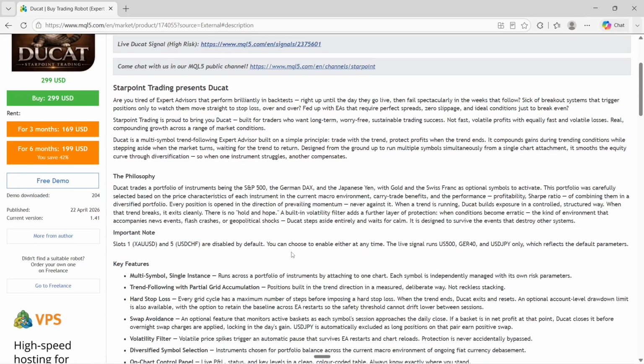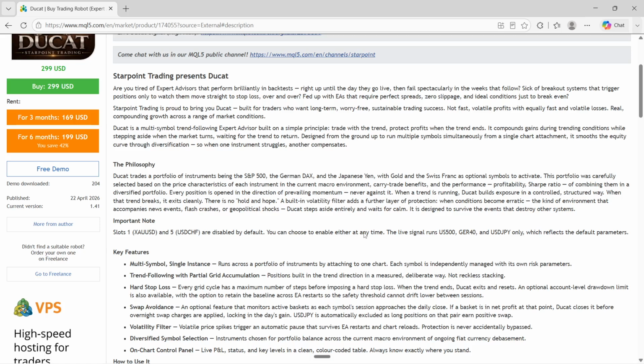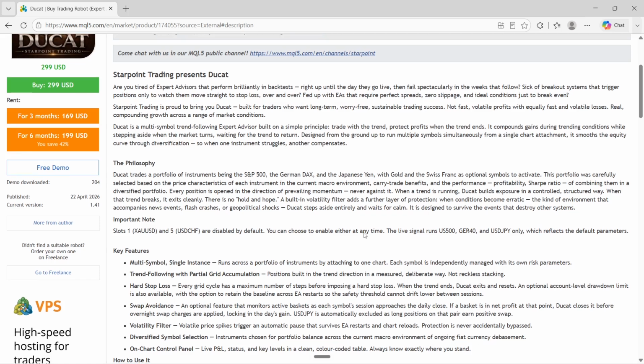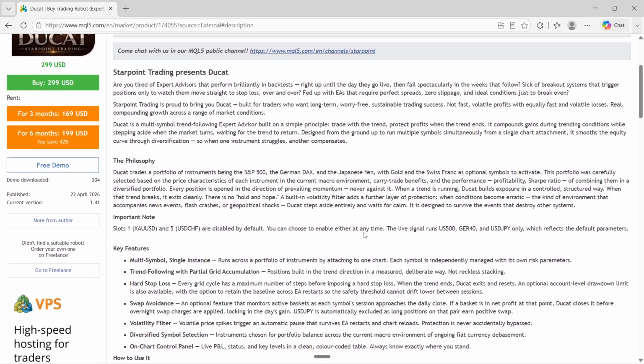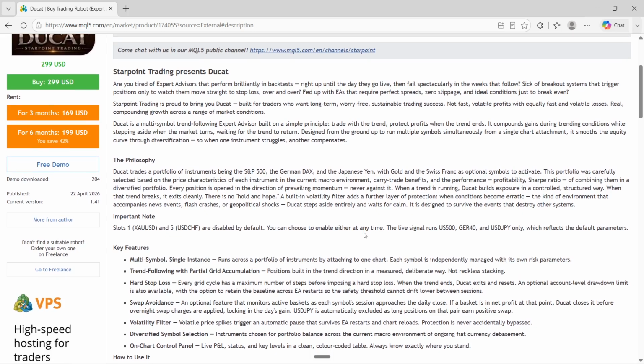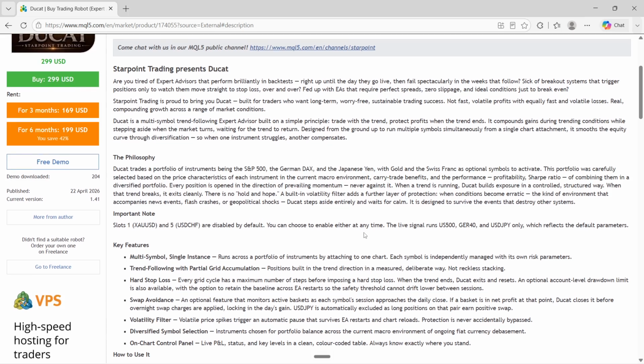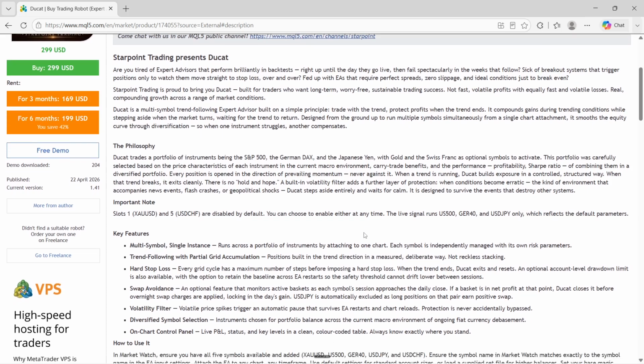The default portfolio is the S&P 500, the German DAX, and USDJPY, with XAUUSD and USDCHF available as optional slots that are disabled by default. Positions are opened only in the direction of prevailing momentum. When a trend is running, the EA builds exposure in a measured, structured way described as partial grid accumulation.